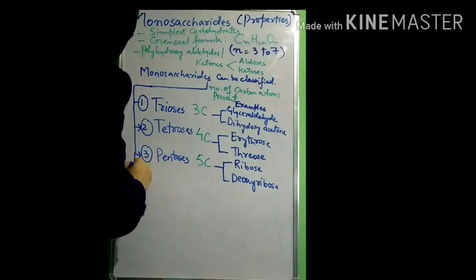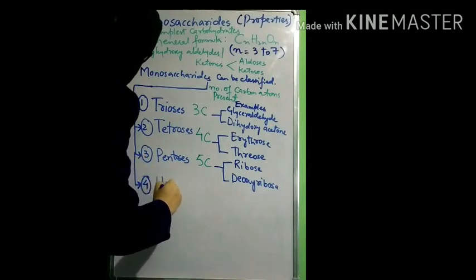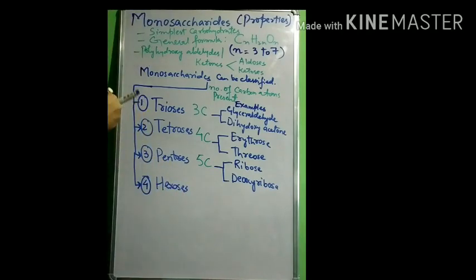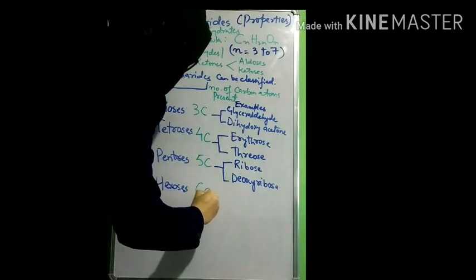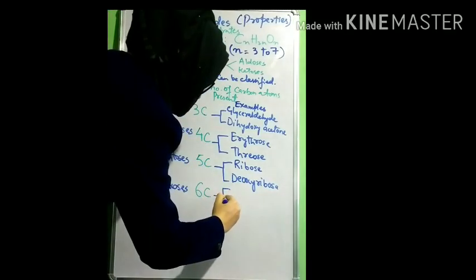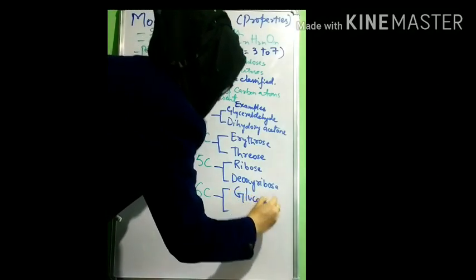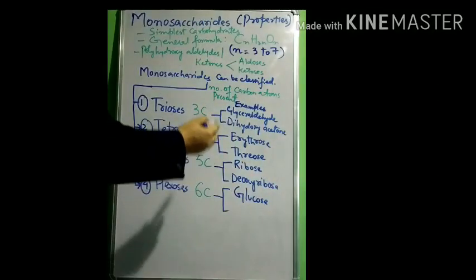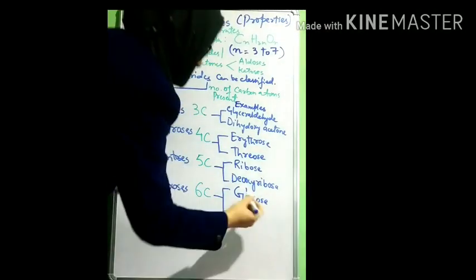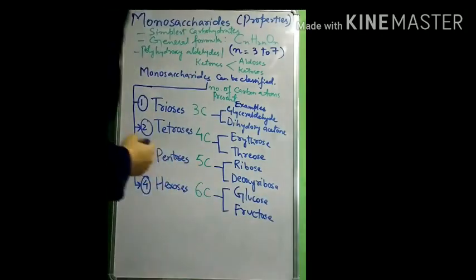Next is the fourth category, hexoses. Hexoses have 6 carbon atoms. Any representative example? We have seen this right now. It was glucose. I have shown you the open form also, where I counted 6 carbons. Glucose has 6 carbons, fructose has 6 carbons.